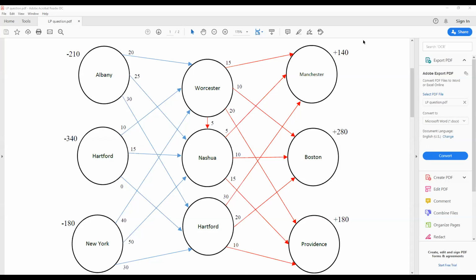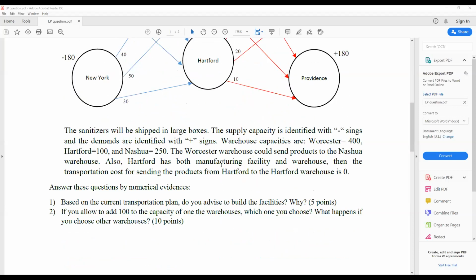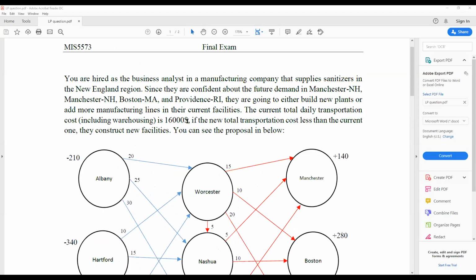So in the first question, you need to analyze the transportation plan. So basically, first of all, they already have their own factory, and as you see in the write-ups, total transportation cost is $16,000.